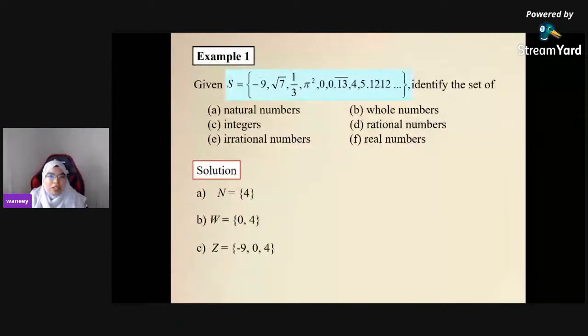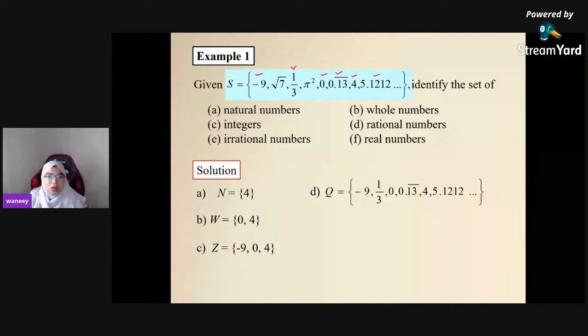Okay, so this one is definitely a rational number. This one no, this one yes, this one yes, this one, this is repeating, so yes, yes. This is also repeating, so yes. Okay, so that is our rational numbers: negative 9, 1 over 3, 0, 0.13, 4, 5.1212, dot, dot, dot.